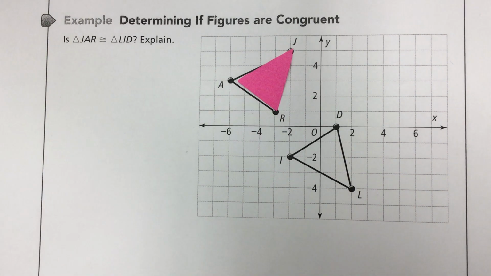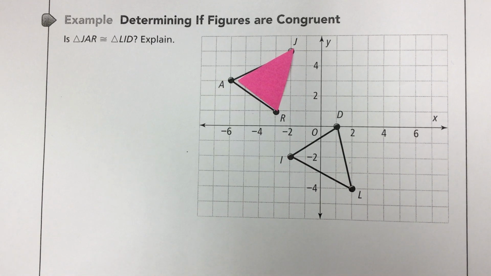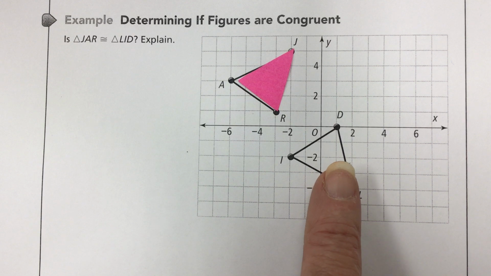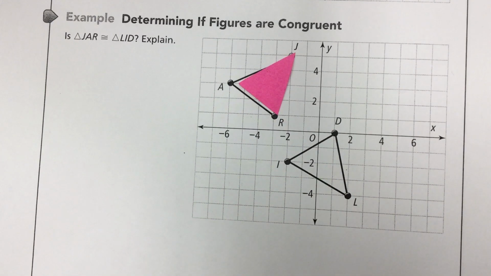Okay? So what we first want to do is determine if there has been a mapping. Is there a translation that can be performed from this triangle to this one? Can we reflect it?